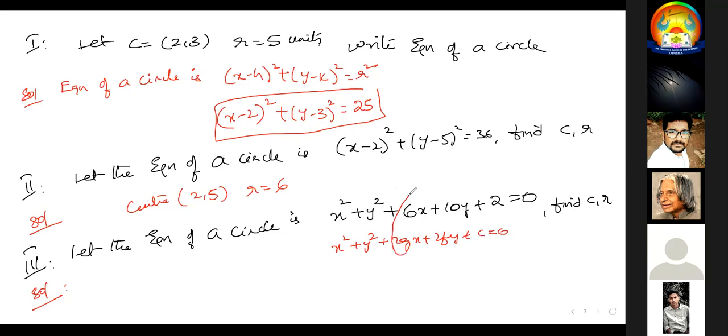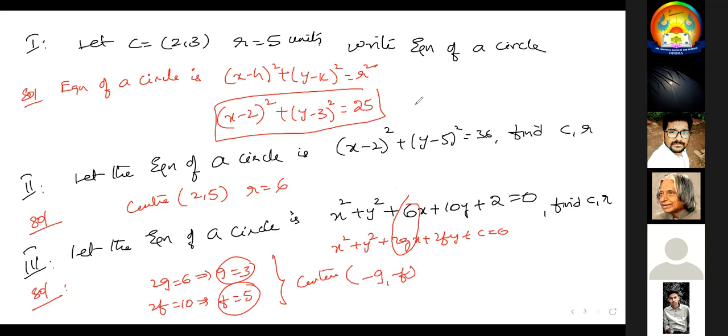When I compare, 2g is equal to 6, implies g equal to 3, 2f is equal to 10, implies f equal to 5. Implies the center is, what is the formula? Minus g comma minus f, that is (minus 3, minus 5). And we can calculate the radius also: root of g square plus f square minus c. Please substitute the values and calculate the radius.